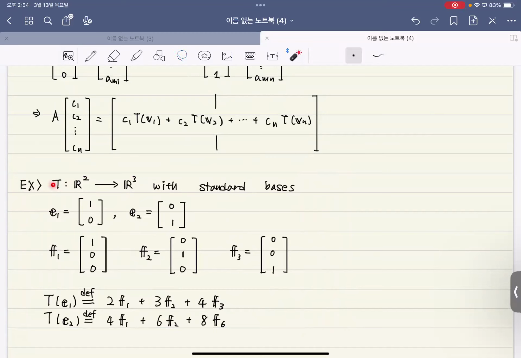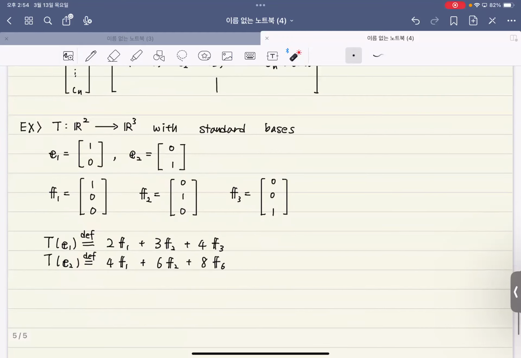Suppose I have a random example I came up with. I have a linear transformation from R2 to R3 with respect to these bases. For this space, I have chosen these standard basis vectors, and for the target space, I have chosen these as the basis.